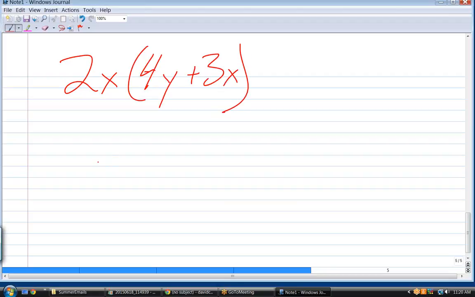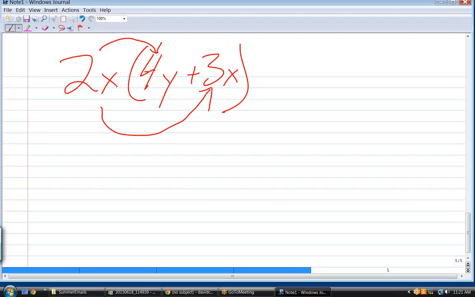What's that equal to? Multiply the two numbers. In other words, we're going to distribute that, right? We've got to multiply it by that, and then multiply it by that, and add the two things together.